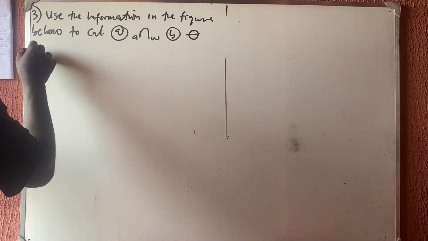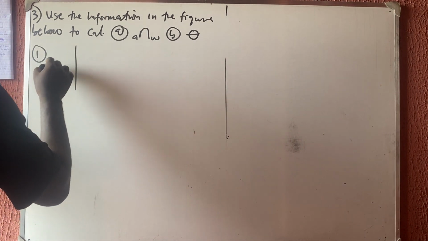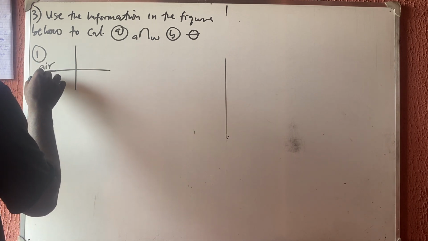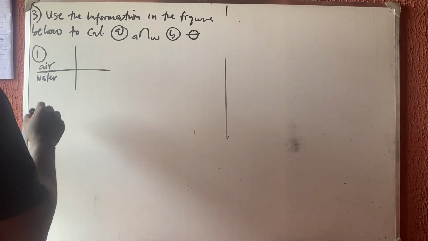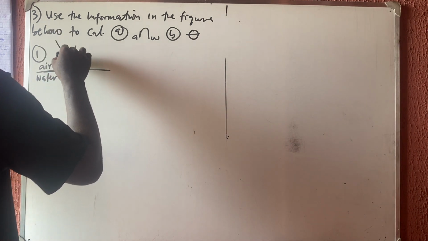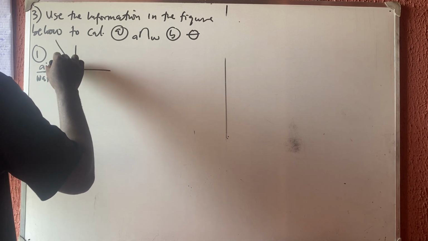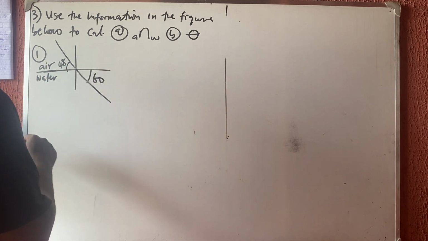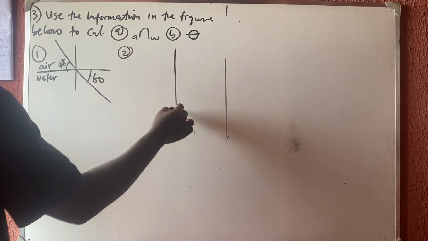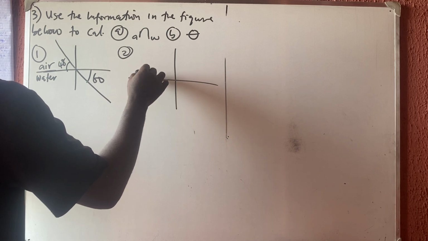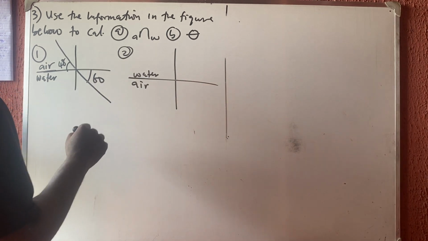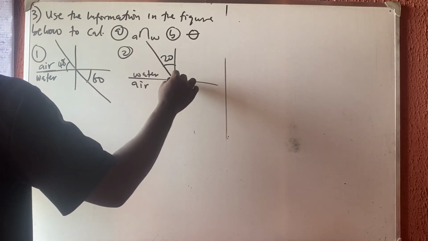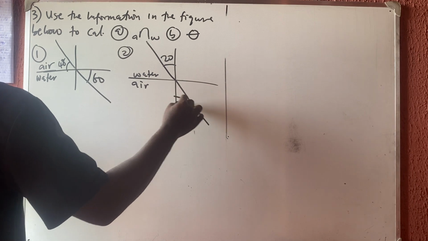Okay, then they say that this is my air and this is my water. And here they say that this is 48, and here they say that this is 60, and then number 2 here, they gave me this one. I say that here is water and here is air. Okay, and here is 20 and then here is theta.